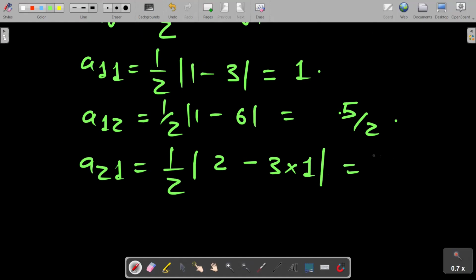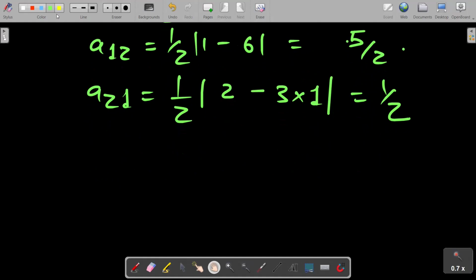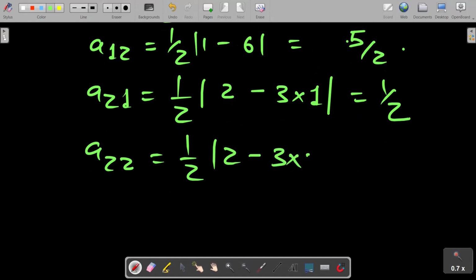So it will be 1 upon 2. So it is A21, and A22 is half into |2 - 3 into 2|. And if you calculate this, it will be 2.